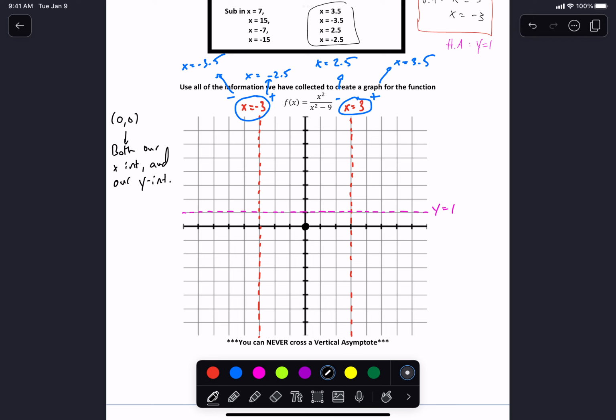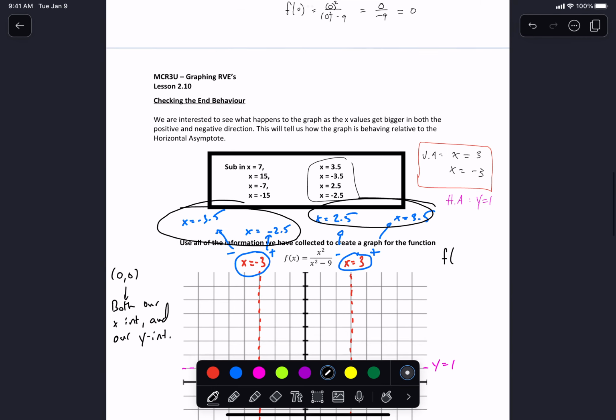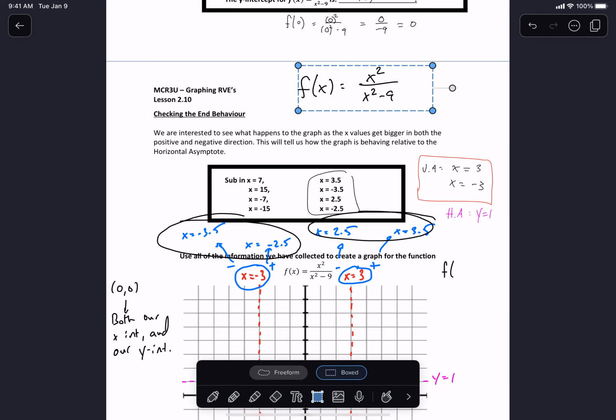So what do you want to start with? Why don't we start with where the graph is around our vertical asymptotes? That's maybe a good start. So what's the value if I substitute in, and maybe I have some of these written down. I do. Remember we're referencing our function here, f of x is equal to x squared over x squared minus 9. So I'm just going to make a little list.